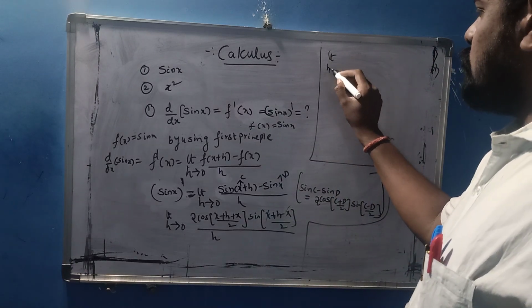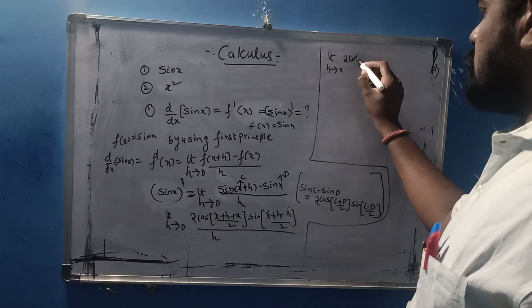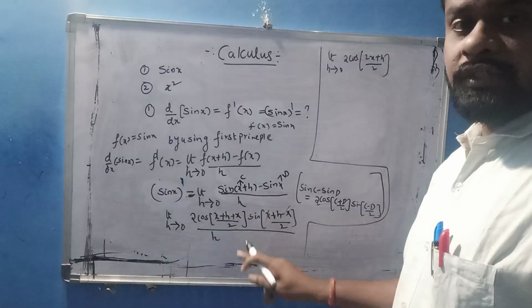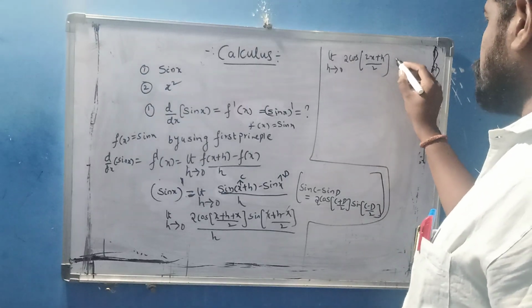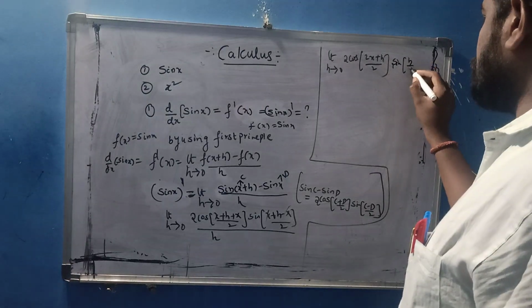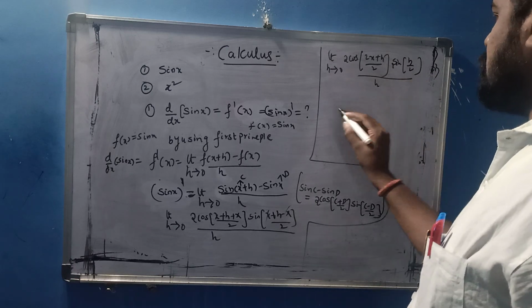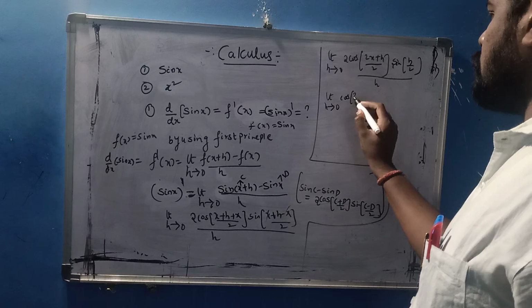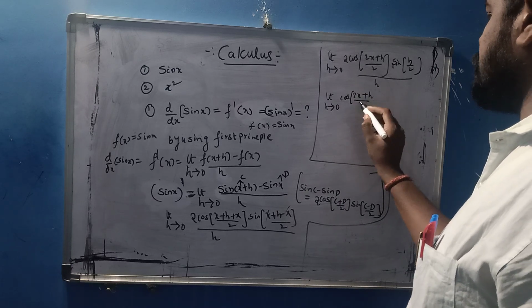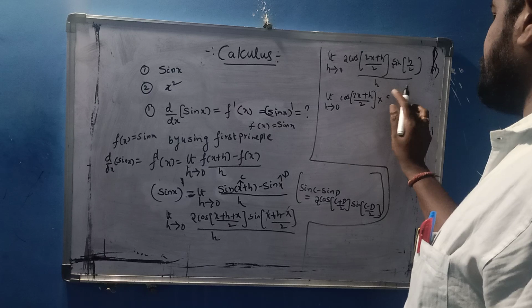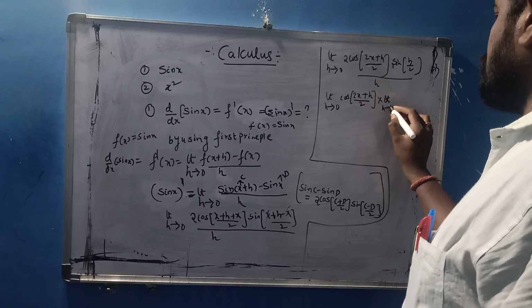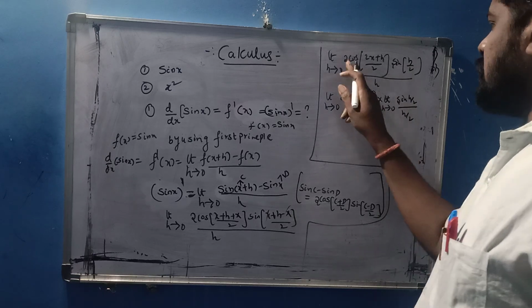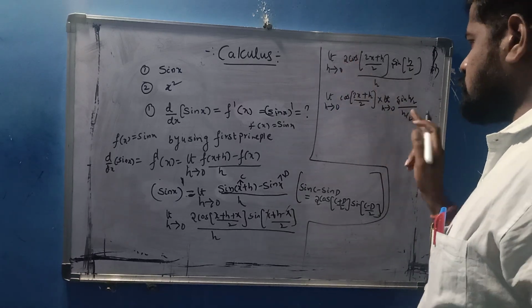Limit h tends to 0, 2 cos((2x plus h)/2), x plus x is 2x, into sin(h/2), by h. After that, separating the functions: limit h tends to 0, cos((2x plus h)/2) into limit h tends to 0, sin(h/2) by (h/2). This 2 goes to the denominator.